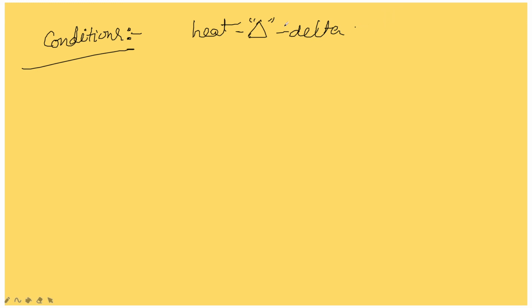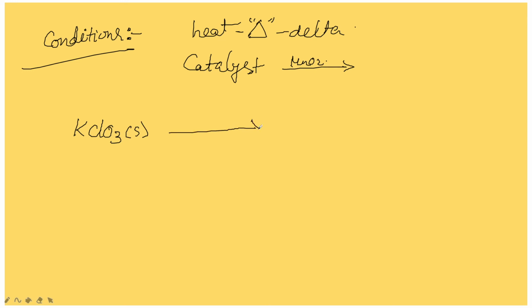If the reaction takes place in the presence of a catalyst, then the formula of the catalyst is written above the arrow, for example MnO2. Take potassium chlorate, KClO3, in solid form.